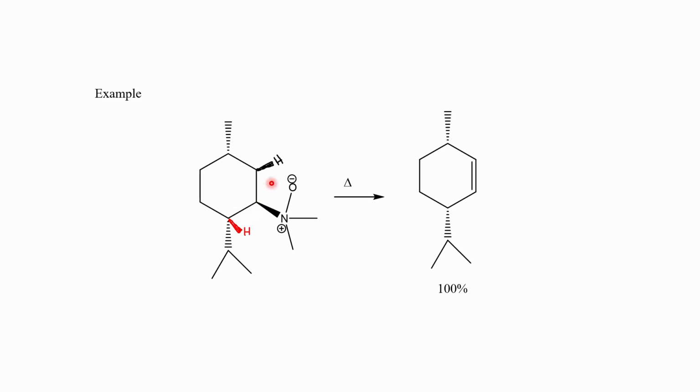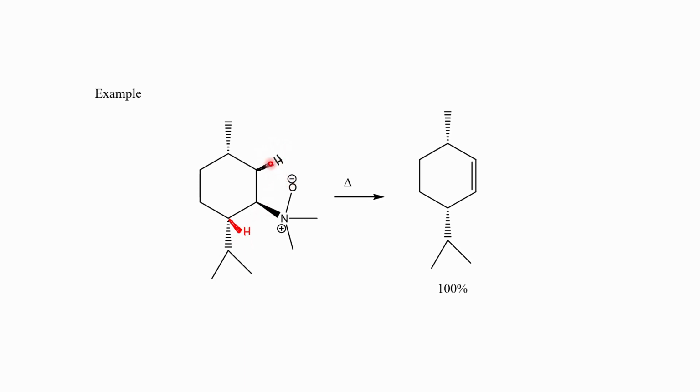Here you can see there are two beta carbon atoms on either side of the leaving group, the tertiary amine oxide. This hydrogen and this hydrogen are on the same side of the leaving group, and hence the oxygen may capture this proton from this side or from this side.